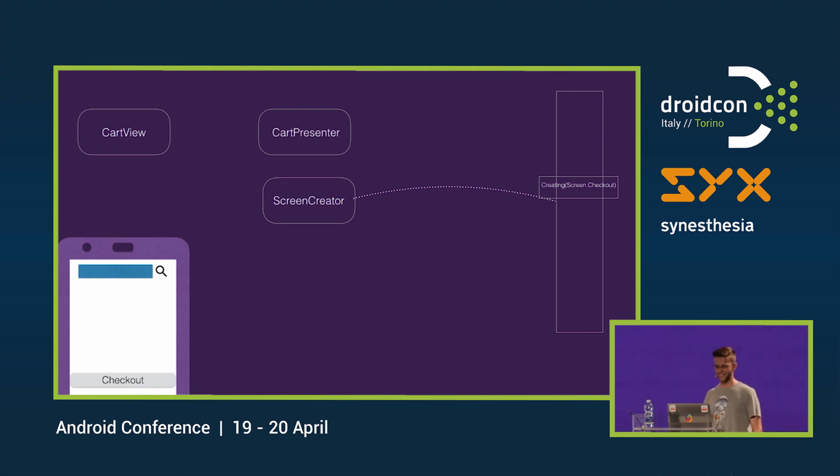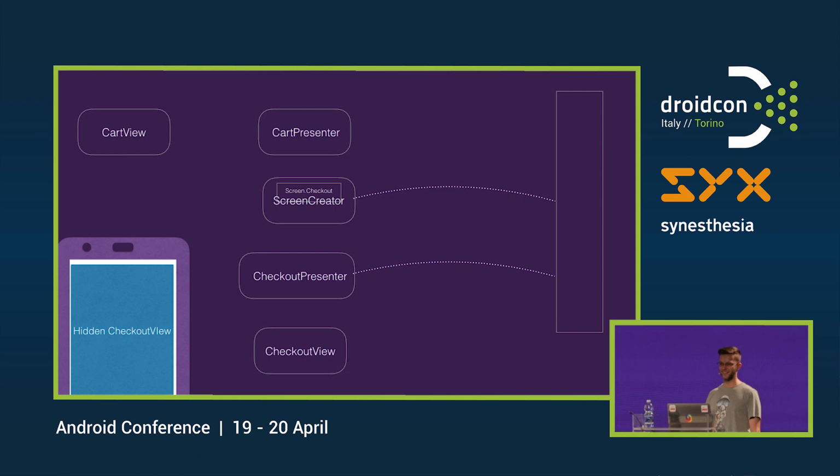That state is being listened for, all creating states, by our screen creator, which creates our checkout view, creates a checkout presenter, and attaches the checkout presenter to the dispatcher, listening for showing checkout screen states.